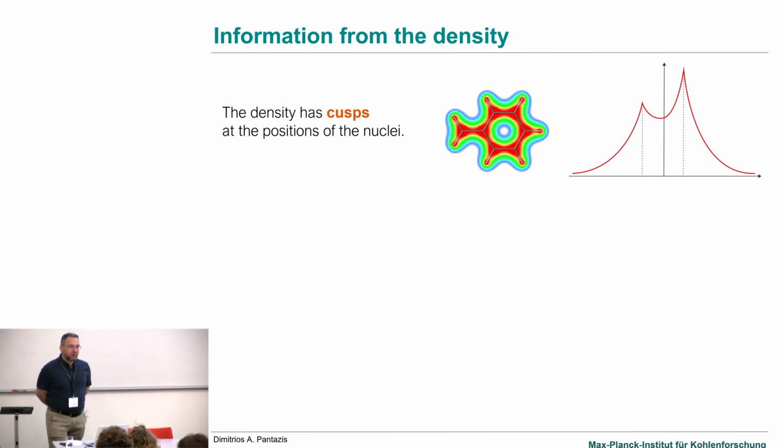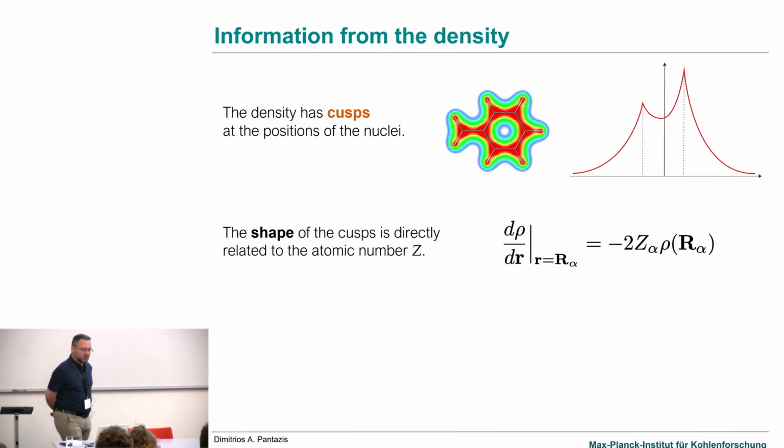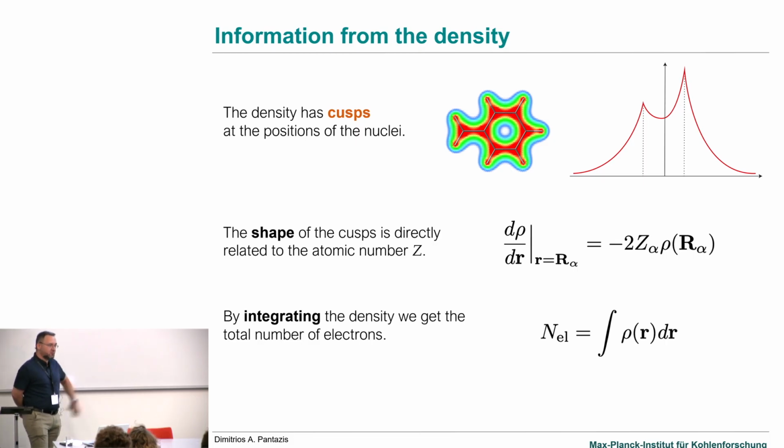The reason we can actually use the density to do full quantum mechanics is that the density contains practically all the information we can require. If you study the density, you can see that there are some cusps. Cusps are where weird things happen like this, and this is where there are nuclei in the electron density.